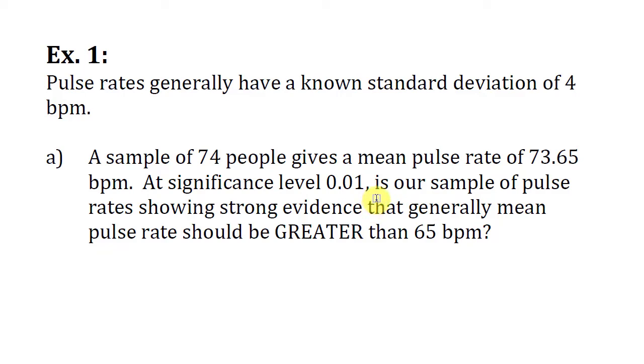the question is ultimately asking, is our sample of pulse rate, this sample of 74 people that gives a mean pulse rate of 73.65 beats per minute, showing strong evidence that generally mean pulse rate should be greater than 65 beats per minute.